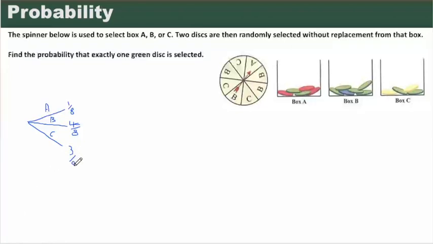I will go for A. If the spinner shows A, I will go for box A. For box A, I am going to select two discs without any replacement. If the first disc is green, the probability would be 2 over 5.